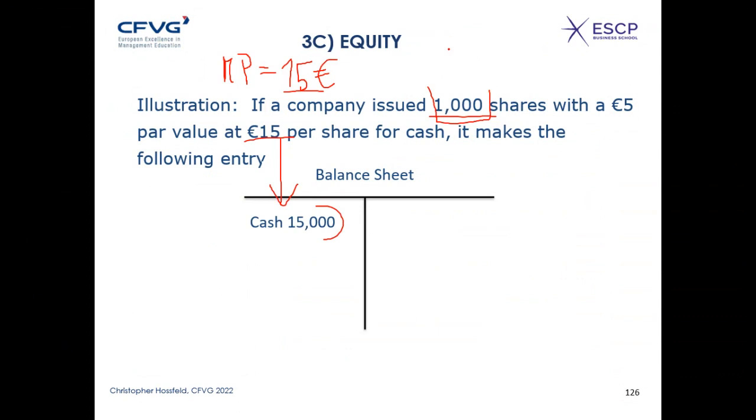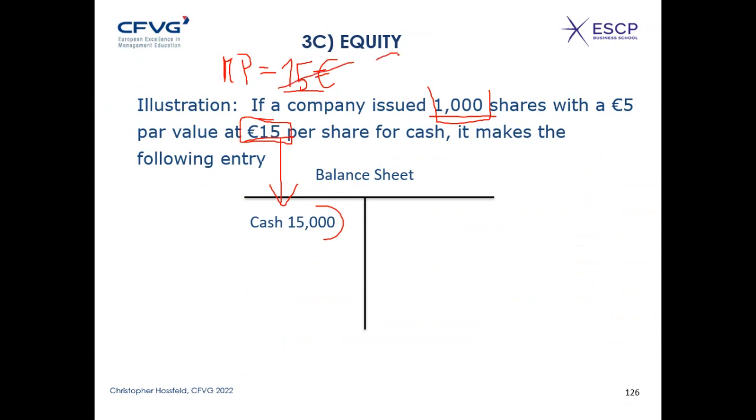Okay, therefore, usually I need to provide an incentive for people to buy the new shares. And how will I do this? Well, I will give an incentive by proposing the new shares with a discount compared to the actual market price.